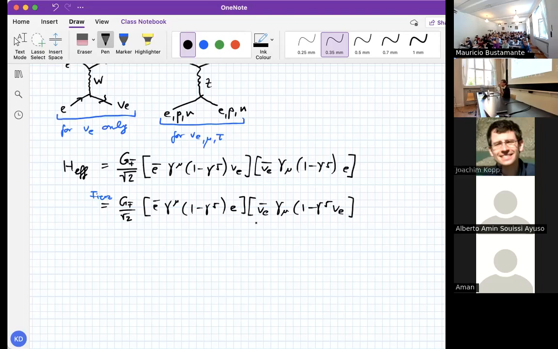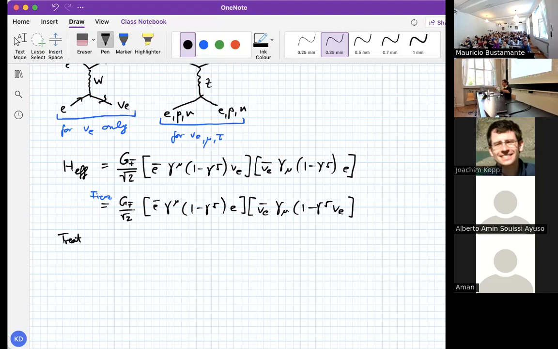Because what I'm going to do next is I'm going to treat the electrons not as a quantum field anymore, but just as a classical field. So I'm assuming that these e and e bar are not operators, but I'm replacing those operators by their expectation values. So that's motivated by the fact that my background matter is essentially static.